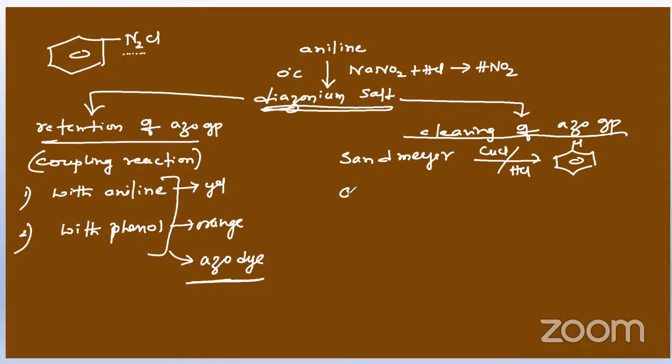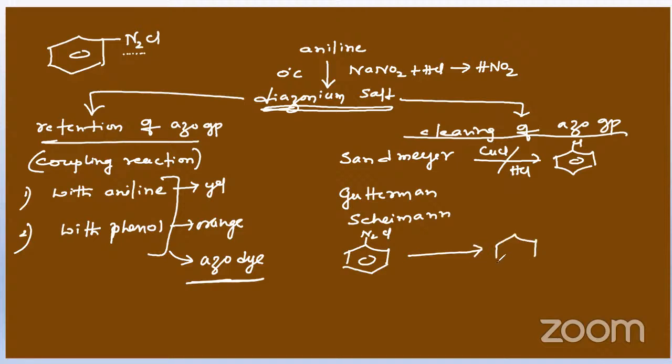Then we have the Gattermann reaction. We have the Schiemann reaction. Then benzene diazonium chloride can be converted into phenol by heating with water.